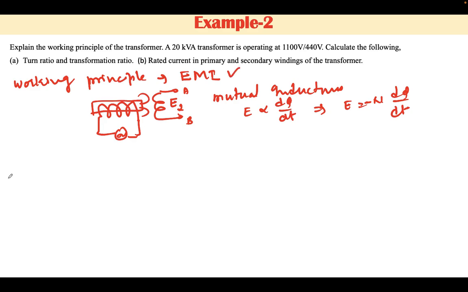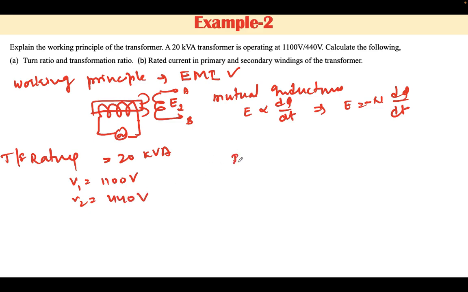Now the rating of the transformer is given to us. Transformer rating is 20 kVA. Now the transformer voltage ratio: V1 is 1100 volt and V2 is 440 volt.